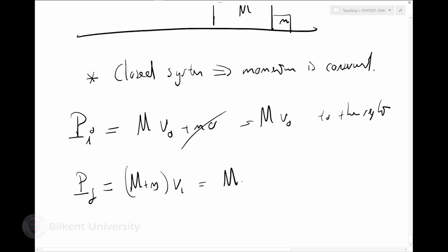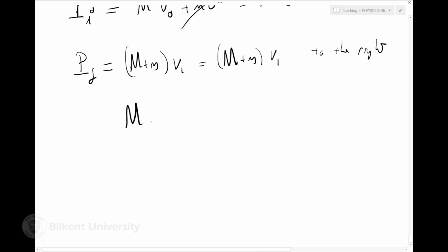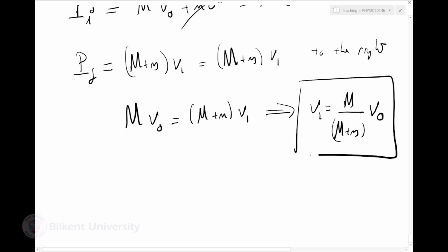So it's going to be (M plus m) v1 to the right. If momentum is conserved, capital M v0 must be (capital M plus small m) v1. I was asked to find v1, which is going to be M divided by (M plus small m) times v0.